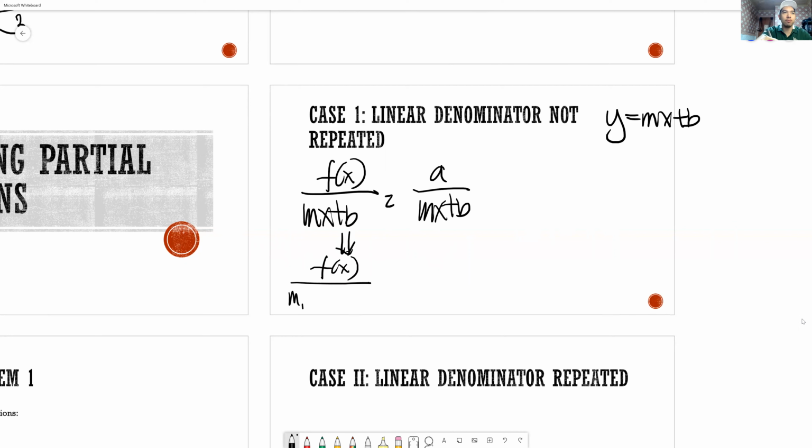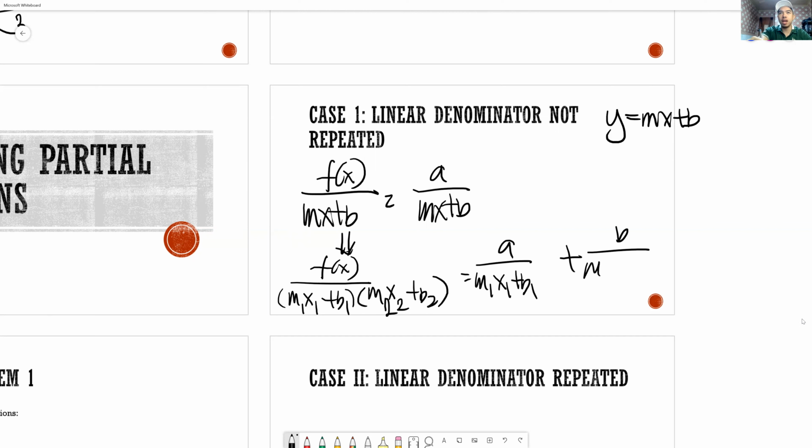So we have here m1 x1 plus b1, parenthesis, m2 x2 plus b2. So that it will look like A over m1 x1 plus b1 plus B over m2 x2 plus b2.